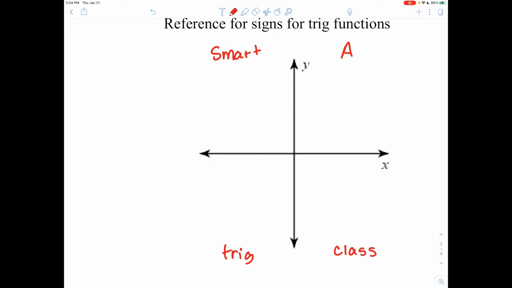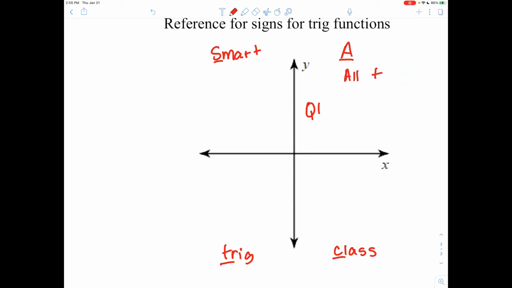And how this reference works is like this. The first letter of each word is going to indicate the trig functions that would be positive in that quadrant. So in quadrant 1, all will be positive. Sine, cosine, tangent, all the values will be positive.